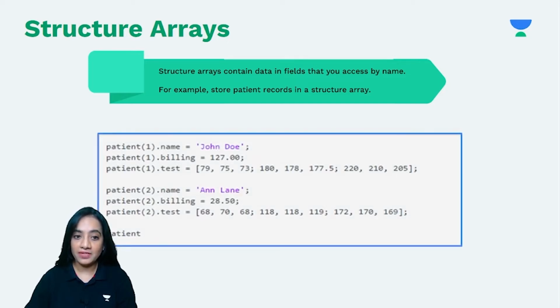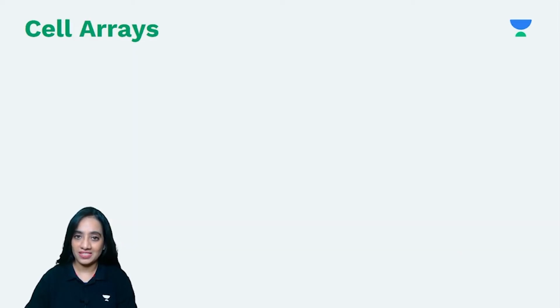See here, we have a patient as our one variable name where we are saving his name, his billing, his test reports, everything under one name, that is patient. And we can have not only one patient but many patients, and under one name, that patient, we can make a big database using structures.